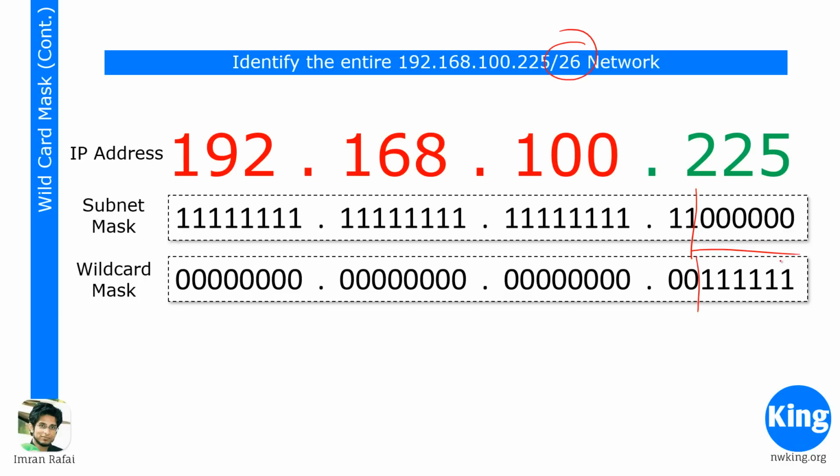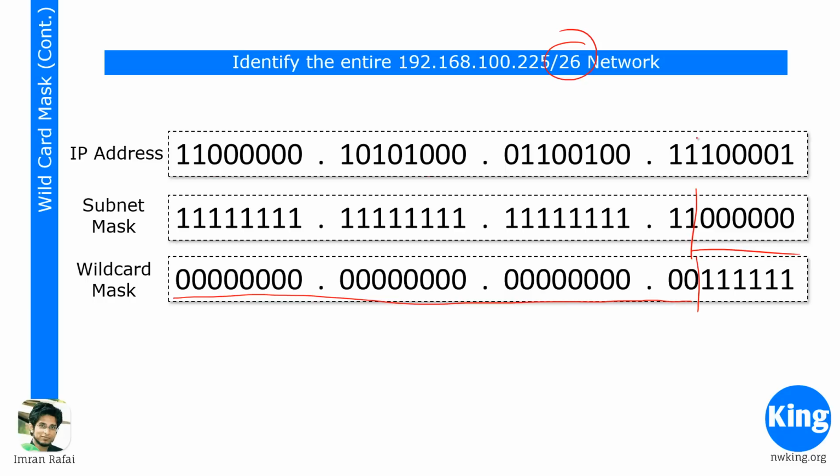Now, like I explained in the last video, what wildcard mask literally means is that wherever you have zeros, it says you have to match that. Wherever you have ones, it says you can ignore. That means to say, if I gave this number 192.168.100.225, and let's say you're configuring this in an ACL saying 192.168.100.225 with a wildcard mask of 0.0.0.63, what is this number?